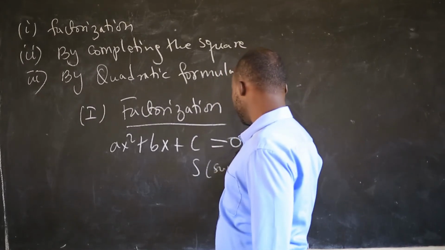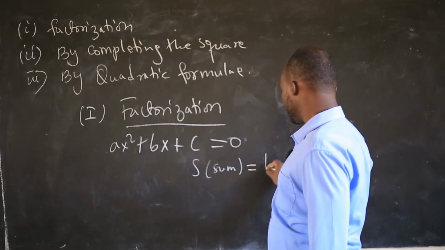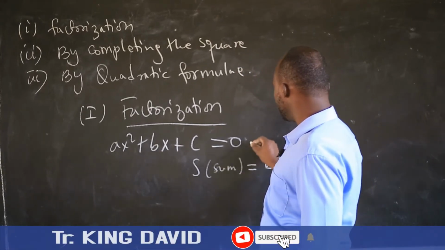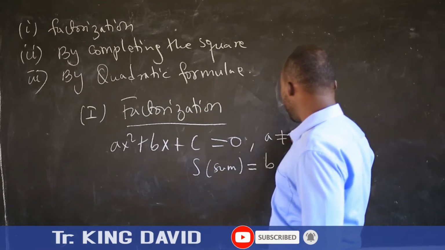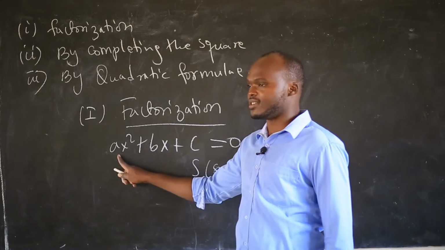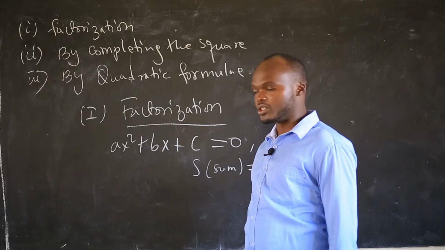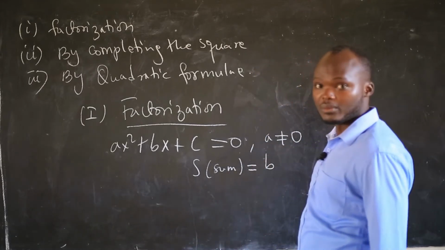I take sum as the coefficient of x, which is b. Here, our a must be different from 0, because if a is 0, it's no longer a quadratic equation, it is a linear equation.